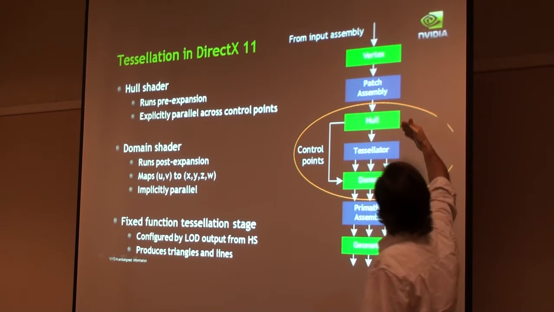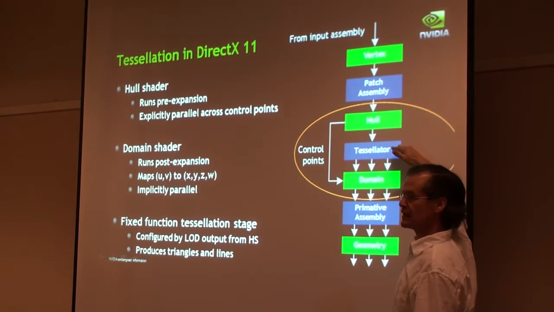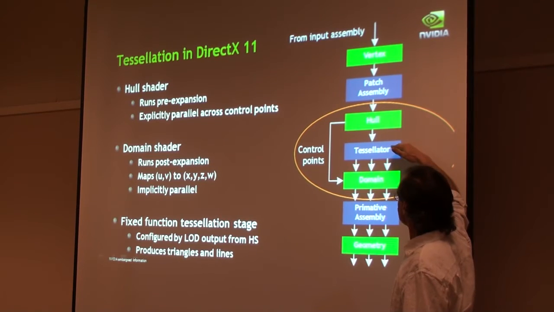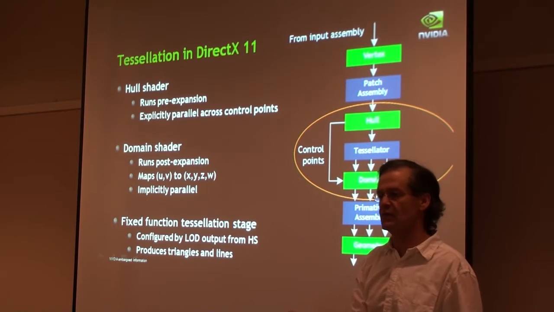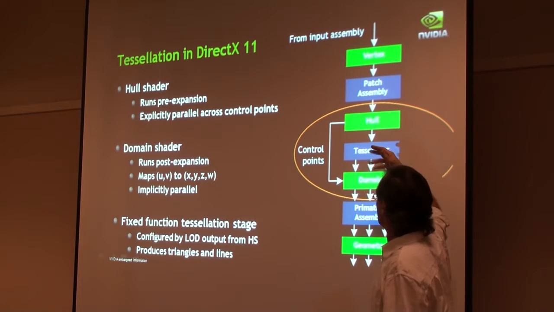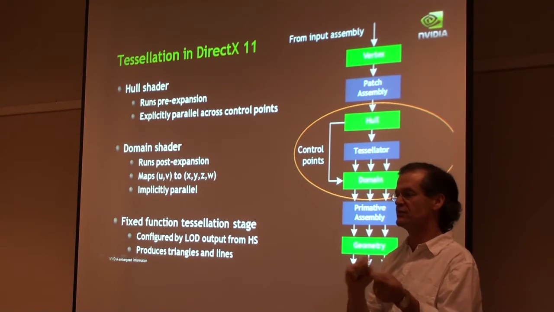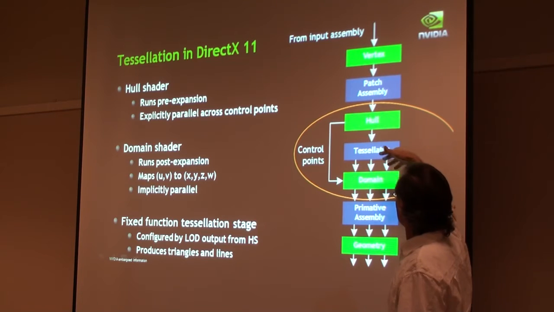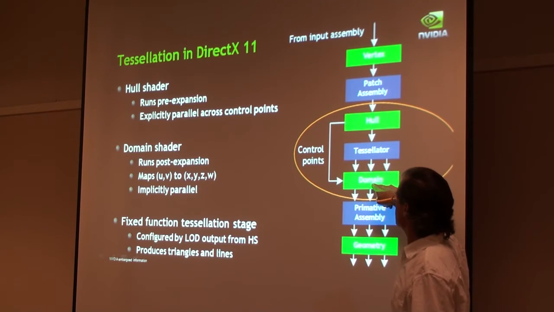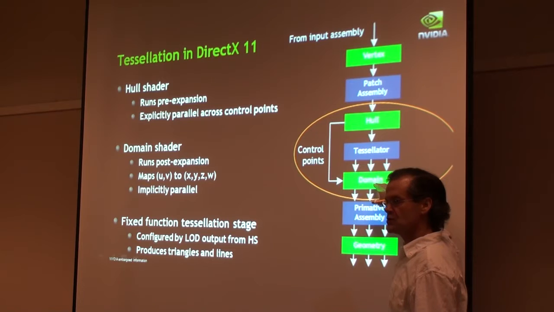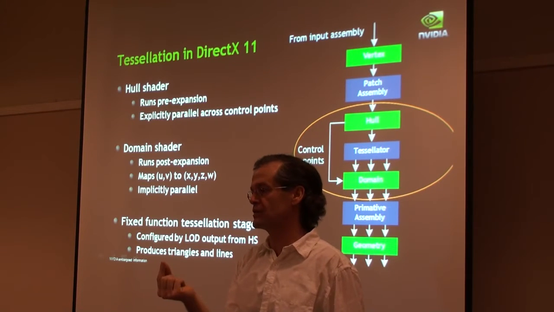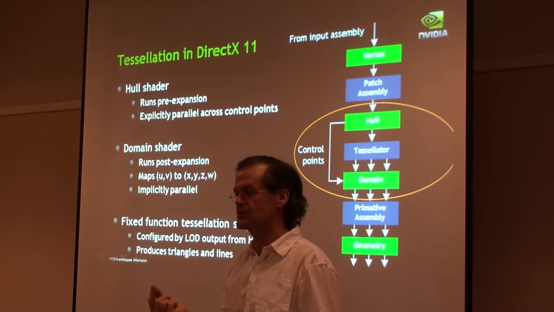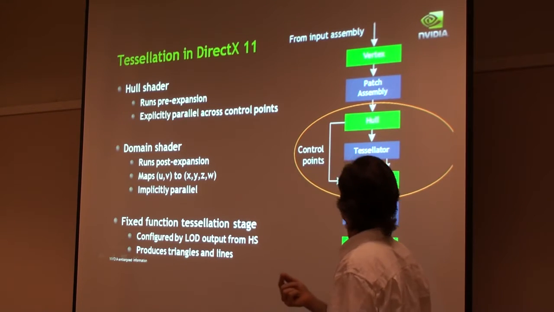That level of detail is passed to the tessellator, which then generates both the topological information describing the mesh and the parametric values that describe the locations of the vertices in the mesh. Those parametric values are passed into the domain shader, and each thread in the domain shader evaluates a point on the surface and any of the other attributes that are necessary.